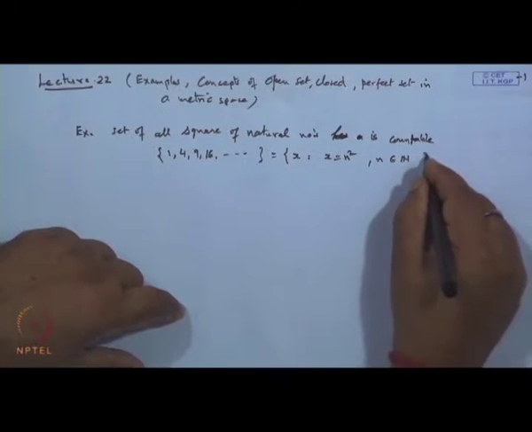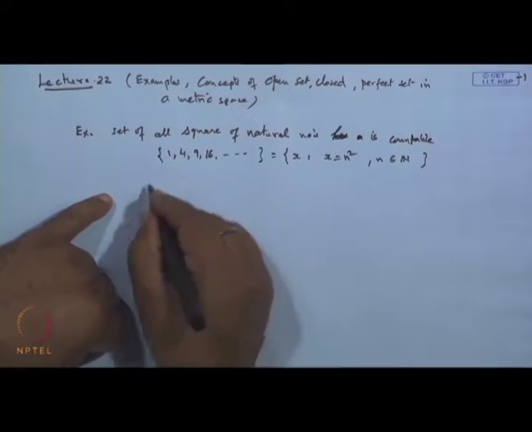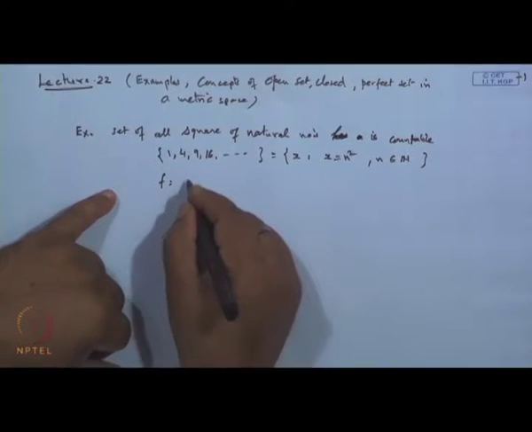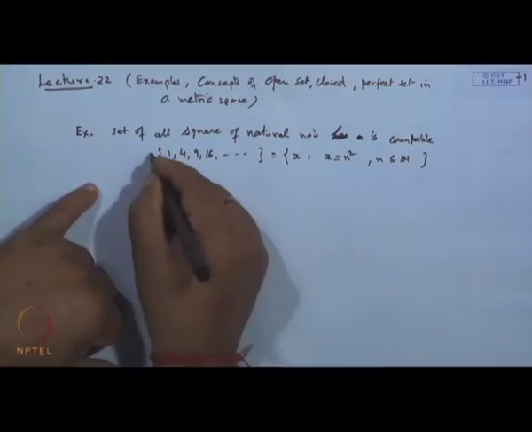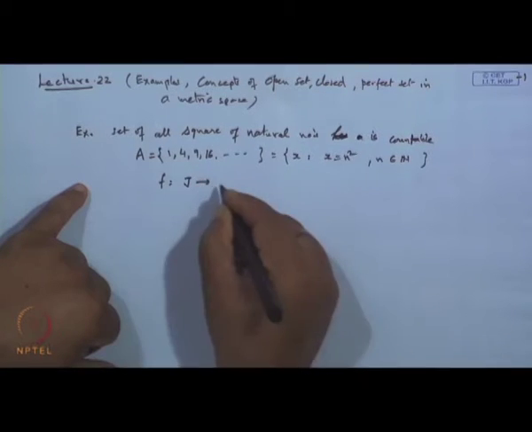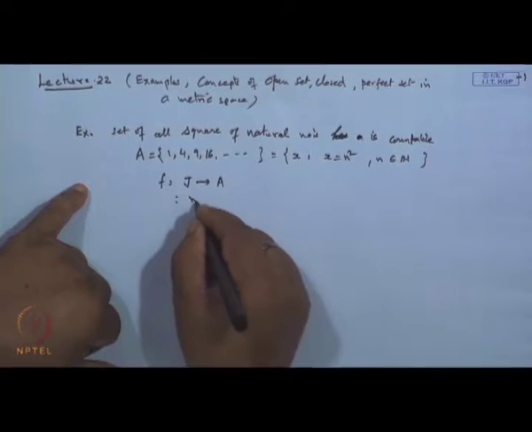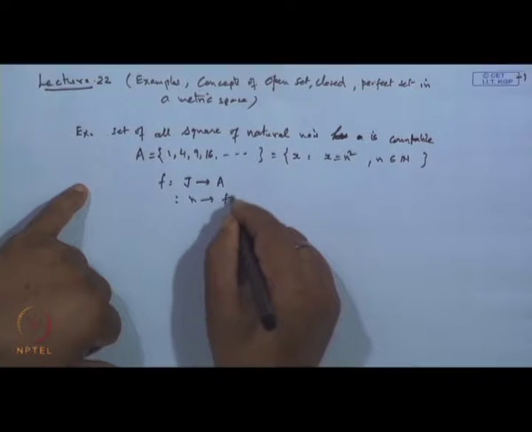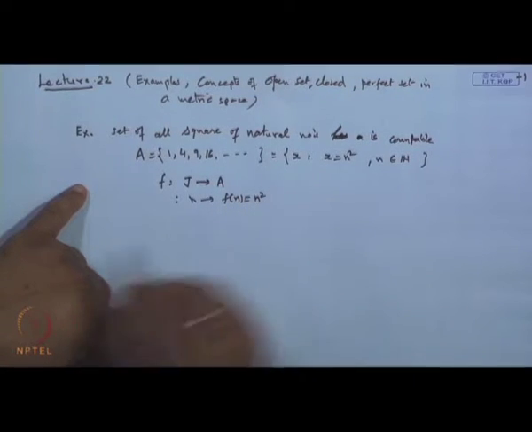Okay. So, this set has a one-to-one correspondence if we define a mapping f from J to this set, say capital A, which maps n to n square, that is f of n is n square.